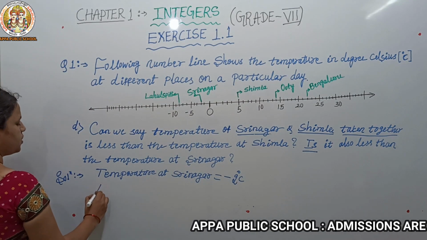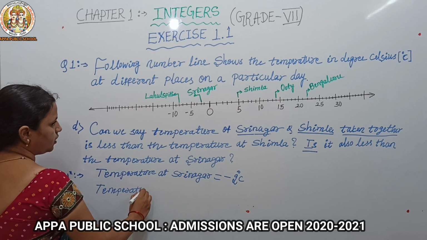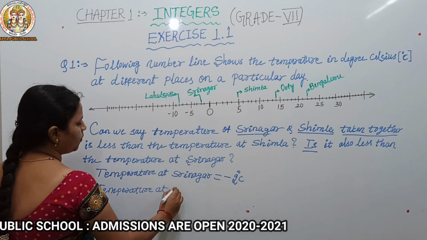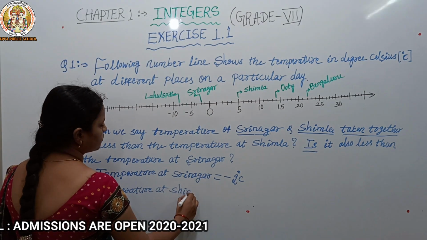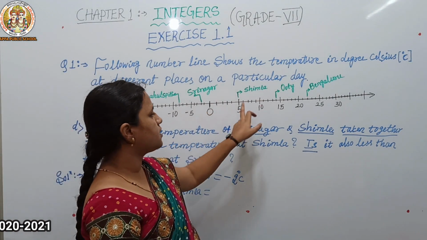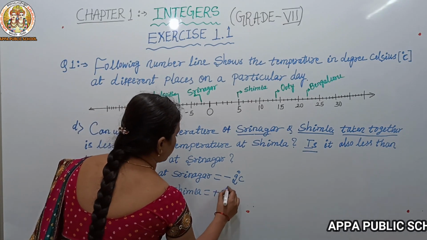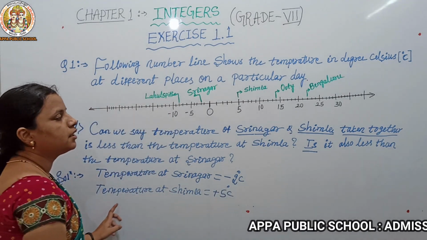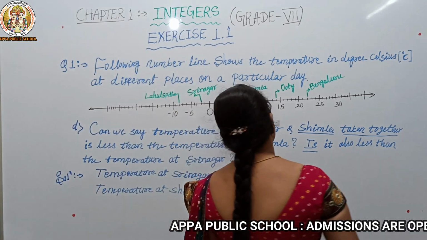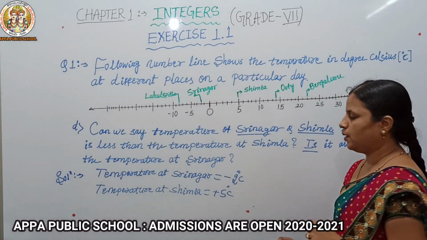Then the temperature at Shimla. What is the temperature at Shimla? See here, Shimla is at a temperature of +5 degrees Celsius. What do we have to take here? Taken together means the temperature taken together is nothing but you have to add these two temperatures.